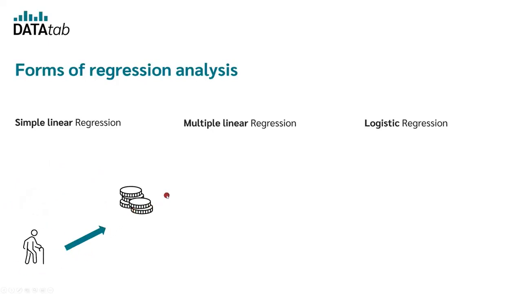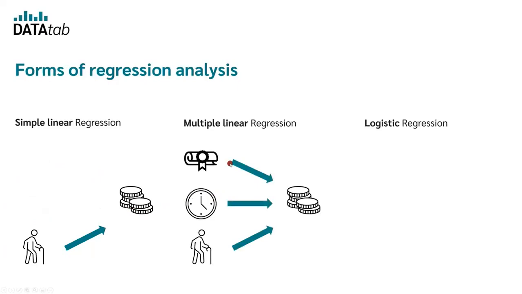In multiple linear regression, we use several independent variables to infer our dependent variable. So we use the highest educational level, weekly working hours, and the age of a person. So therefore, the difference between a simple and a multiple regression is that in one case we only use one independent variable, and in the other case we use several independent variables.